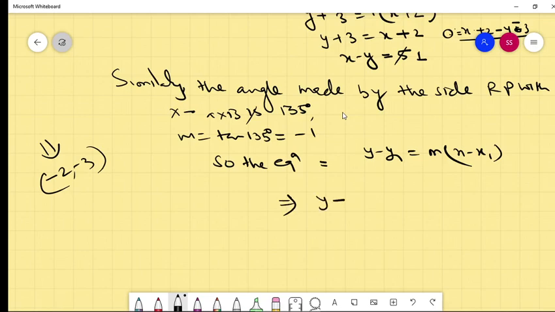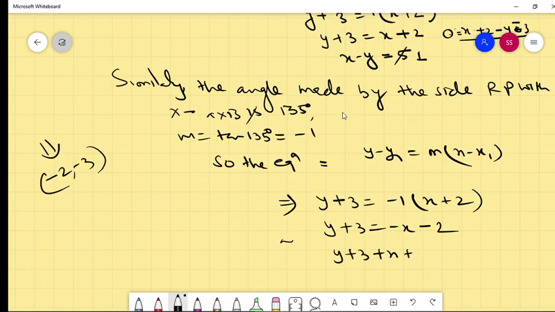And y minus y1, what is y1, plus 3 equal m is minus 1, x minus x1 is plus 2. y plus 3 equal minus x minus 2, or y plus 3 plus x plus 2 equal 0, x plus y plus 5 equal to 0. That is the required equation of the two lines. The upper one is x minus y equal to 5, and this is x plus y plus 5 equal to 0.